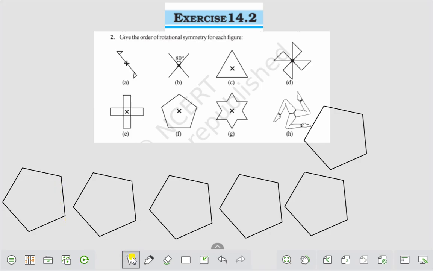We have taken a pentagon. Now if you see here, suppose we have taken a point with an arrow, this point I have taken as P.